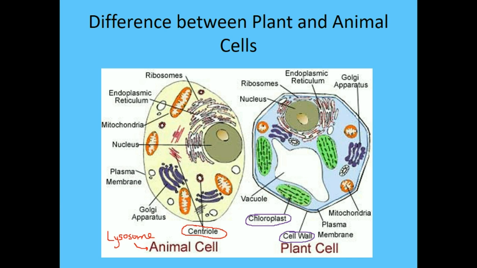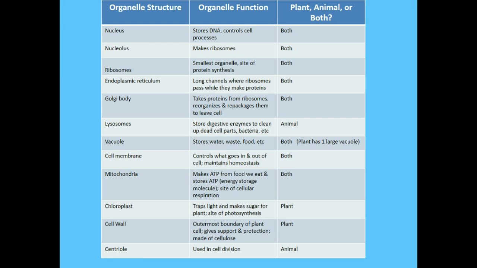They also have what we call a central vacuole. It's not really unique except for the fact that it's very large. Animal cells do have vacuoles, but they're not nearly as big as the central vacuole. So really the two unique things to plant cells are chloroplast and cell wall, and for animals it's centrioles and lysosomes.